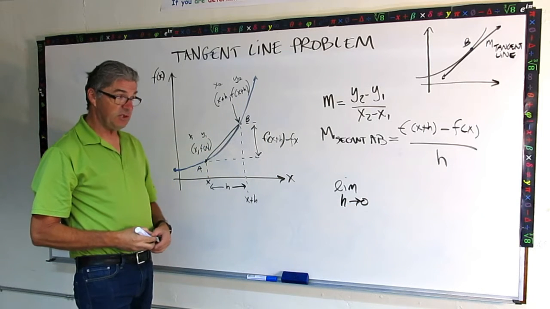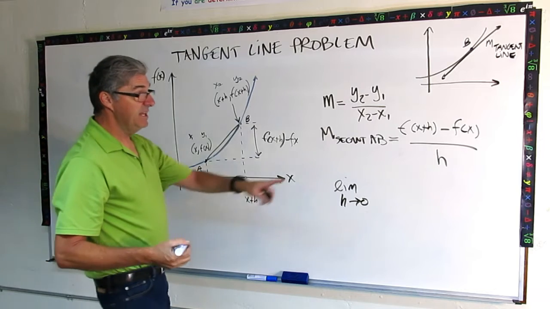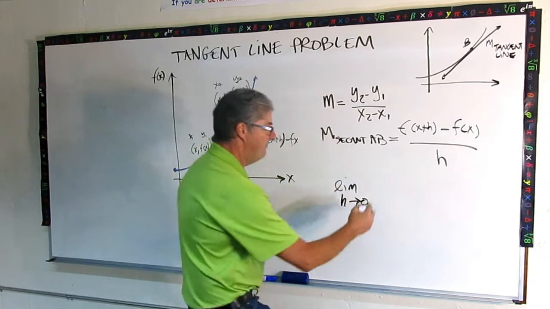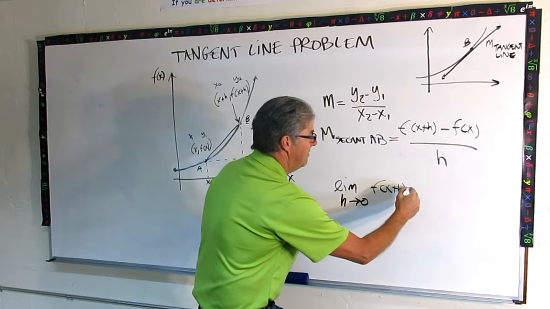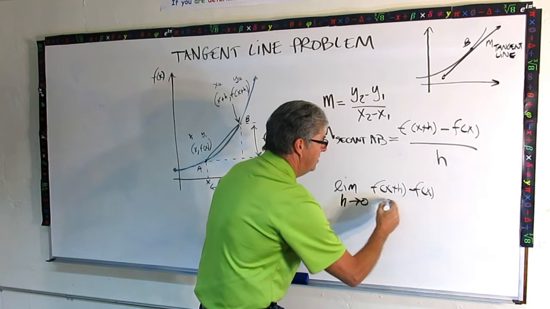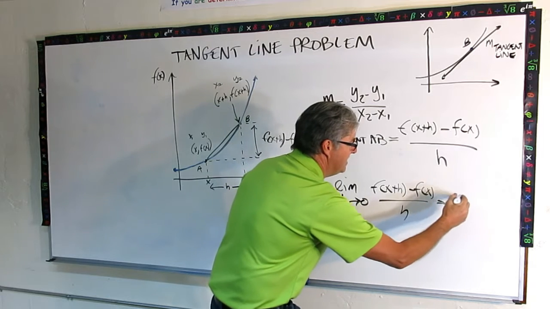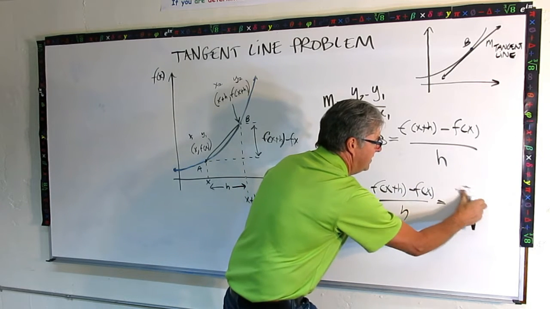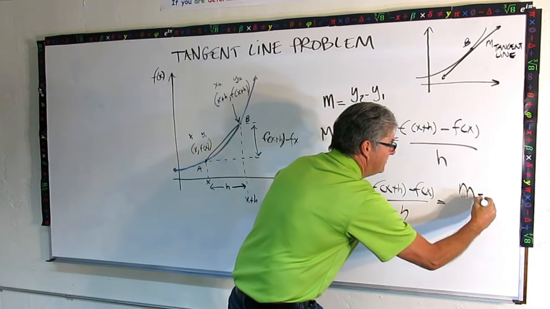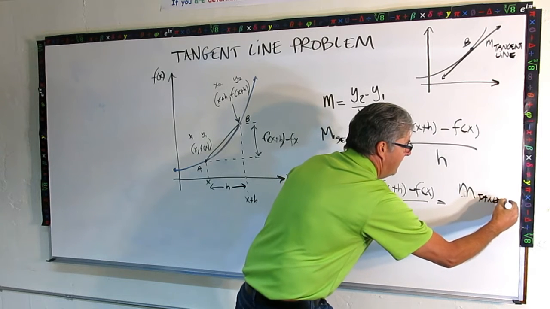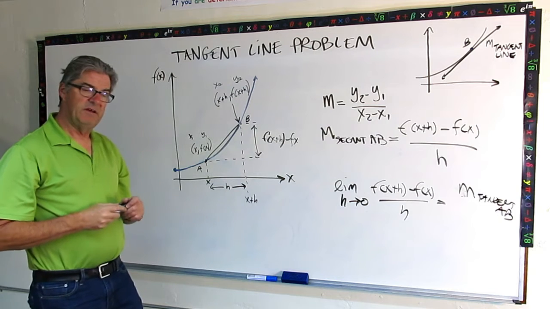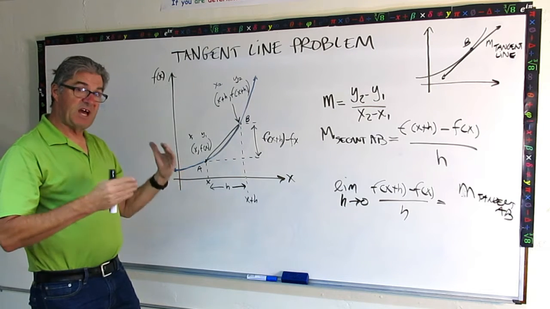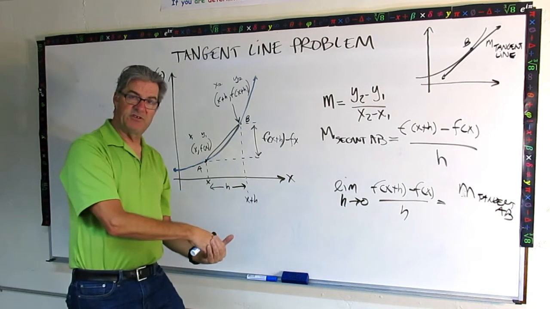As h gets closer and closer to 0, we're taking the limit of this function, f of x plus h minus f of x over h, and that equals the slope of tangent AB.